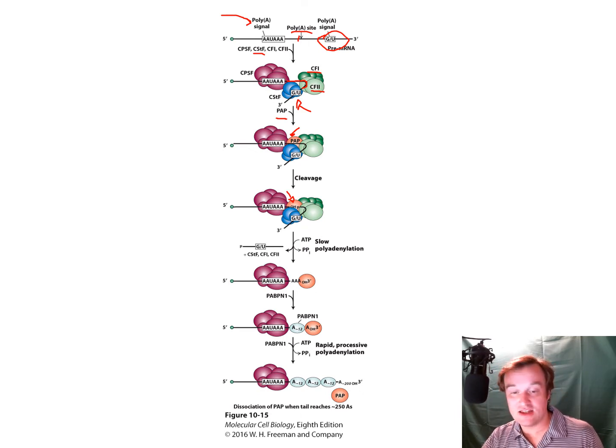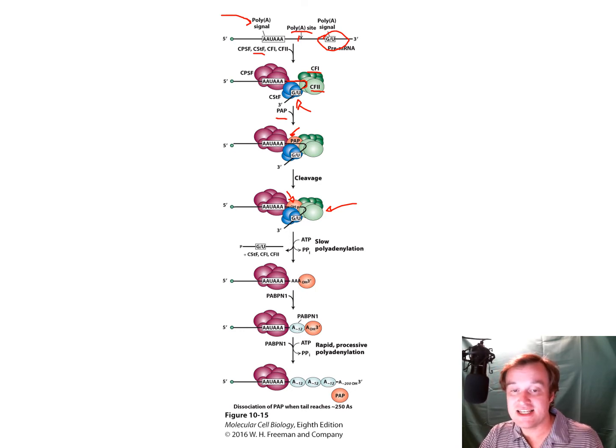And once that occurs, the downstream mRNA, downstream of the poly A site, and these protein complexes that were responsible for the cleavage and bending of the mRNA, are all released.